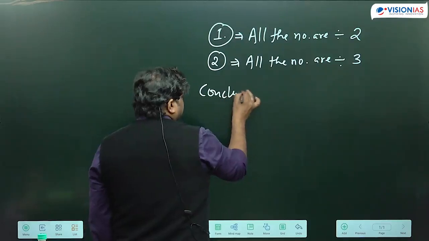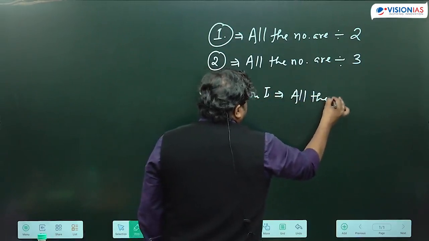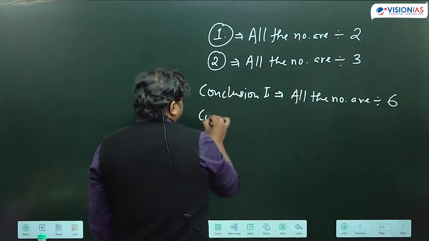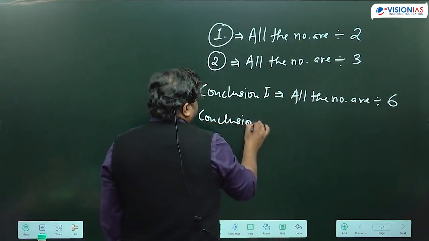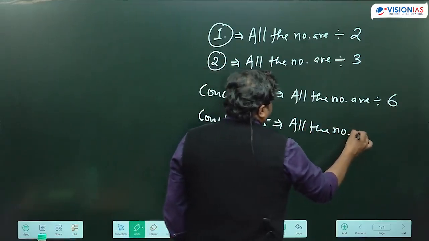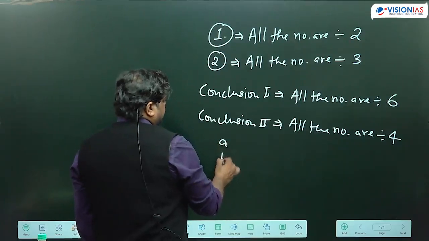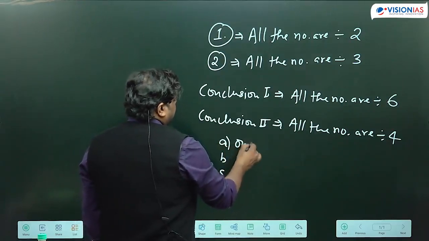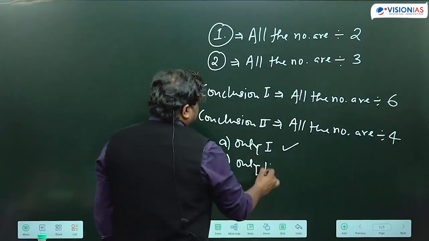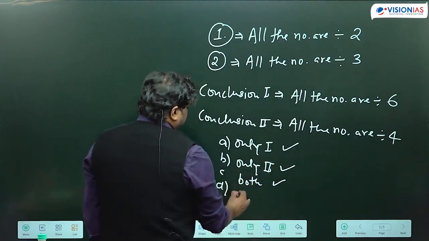Then first conclusion this way, कि all the numbers are divisible by 6. Second, कि all the numbers are divisible by 4. Options: only first conclusion is true, only second one is true, both are true, none.